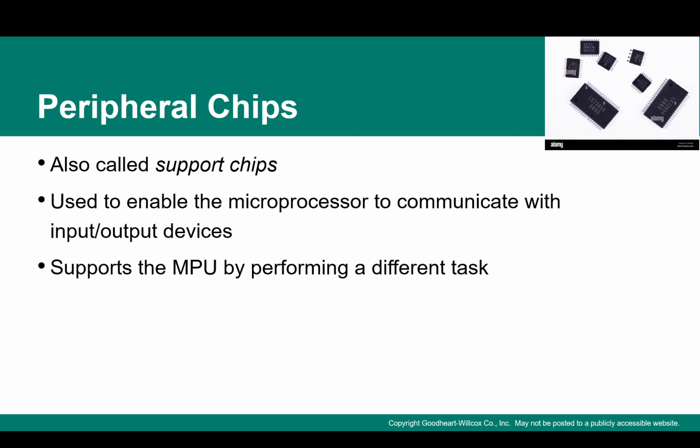Peripheral chips, again, are the chips which help communicate with external devices, also called support chips, used to enable the microprocessor to communicate with input-output devices, supporting the MPU by performing a different task.